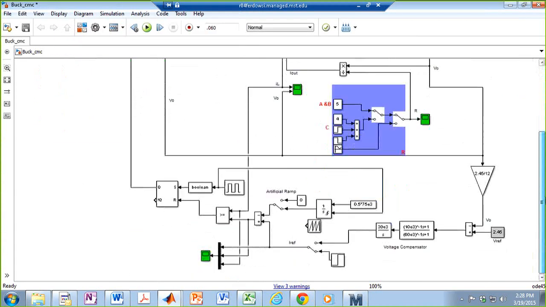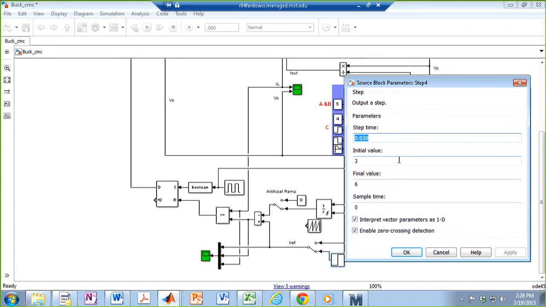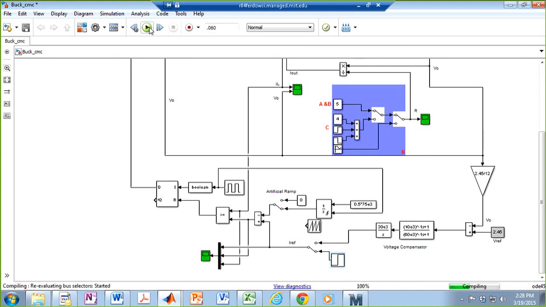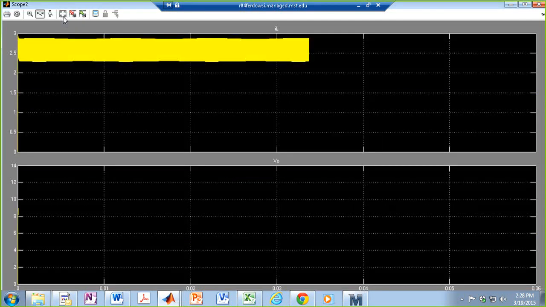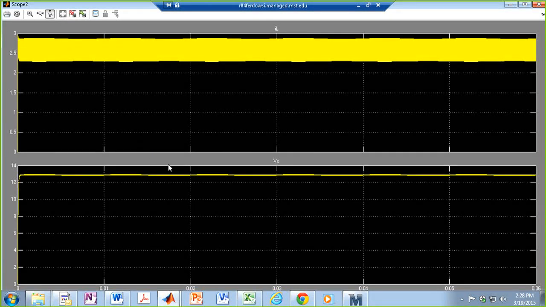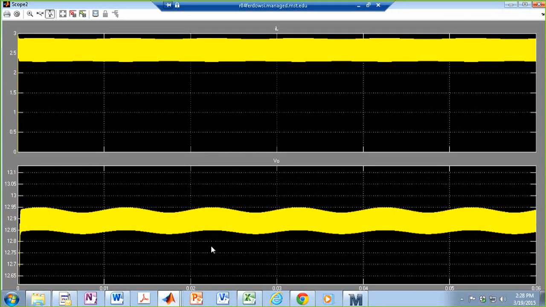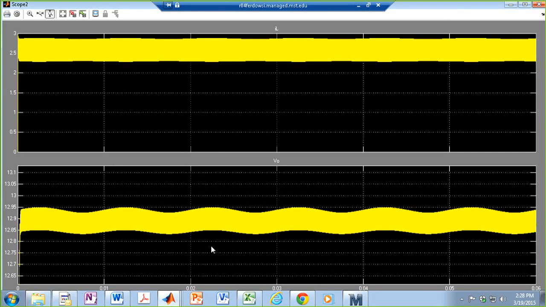And then let's keep our inductor current constant. So I'm not going to have a step change at all. Just keep it constant and then run. So right now I am perturbing the input voltage, and ideally I do not expect to see any perturbations in the output voltage. So let's take a look. And you can see it's almost constant, okay? So you can see there is a little bit of perturbation that our model was not able to predict, but if you neglect that, we are almost doing very well.